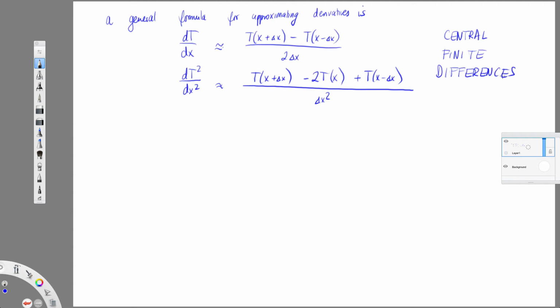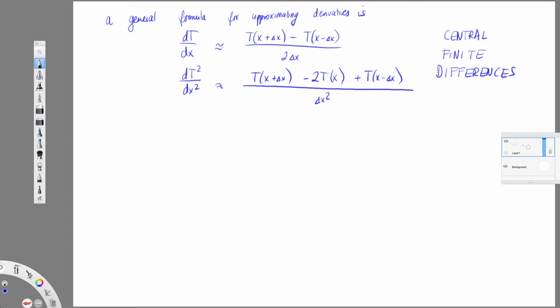Okay, so now let's go back to our differential equation. I know that that differential equation is valid at every point. That means that it's valid at location x1, it's valid at the location x2, it's valid at the location x3, and so forth.